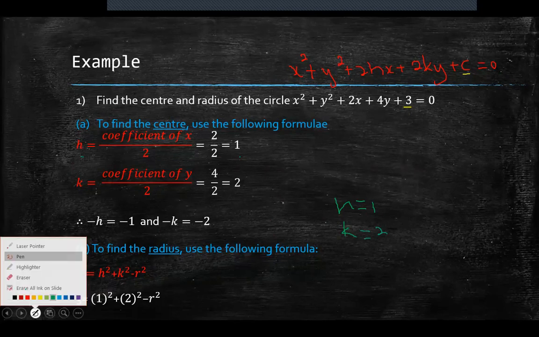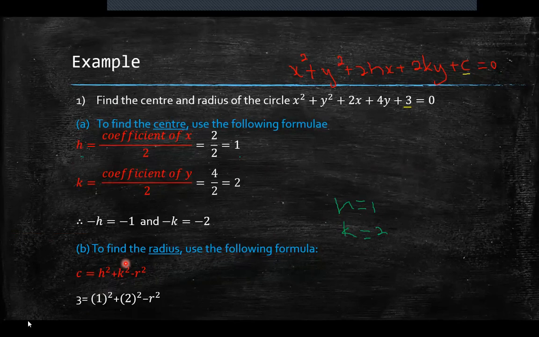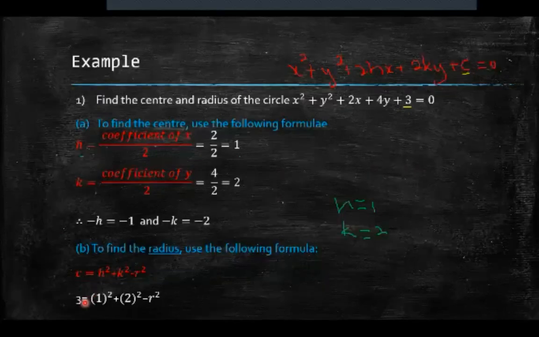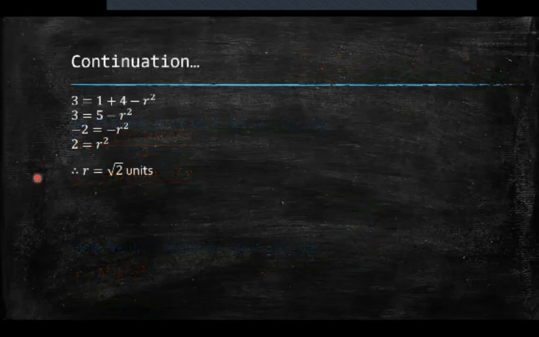So I just substitute those values to get my value of r. C is 3, so I put 3 there, is equal to h squared, h is 1, so that's 1 squared, plus k is 2, 2 squared, minus r squared. And I just transpose, which means I just make r the subject of the formula. So 1 plus 4, that's 5, minus r squared.